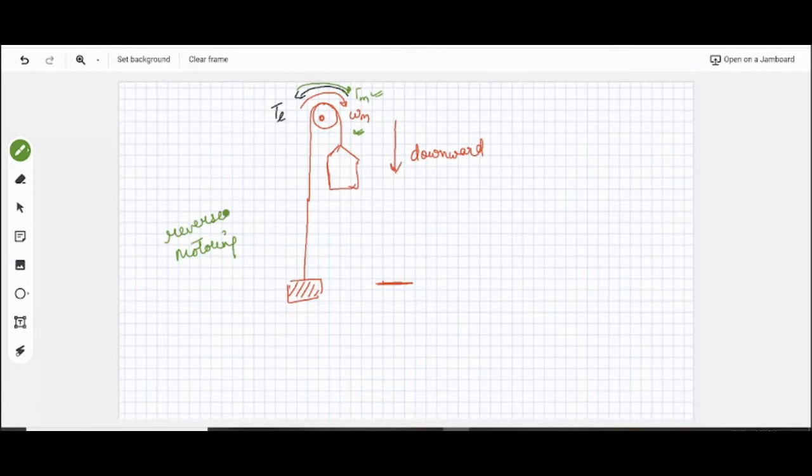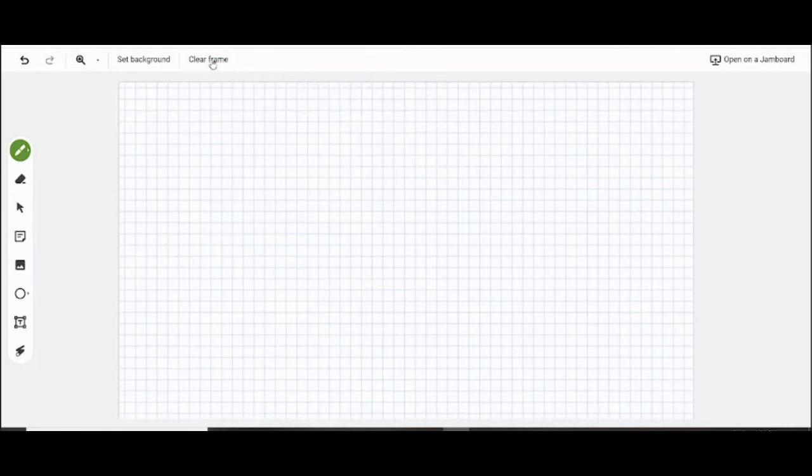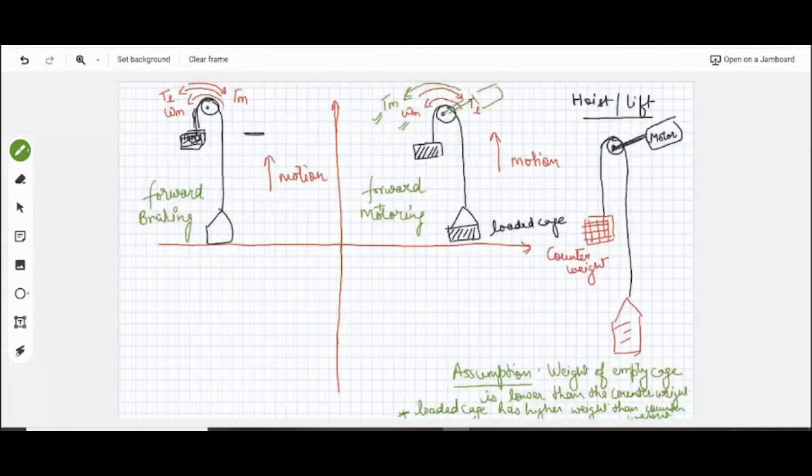Is this clear, bachcho? Yes, sir. And this quadrant where reverse motoring will be, a third quadrant operation or a fourth quadrant operation? Third quadrant. Yeah, it will be a third quadrant operation. So a lift that is on the higher level, but we want to bring it down with an empty cage.